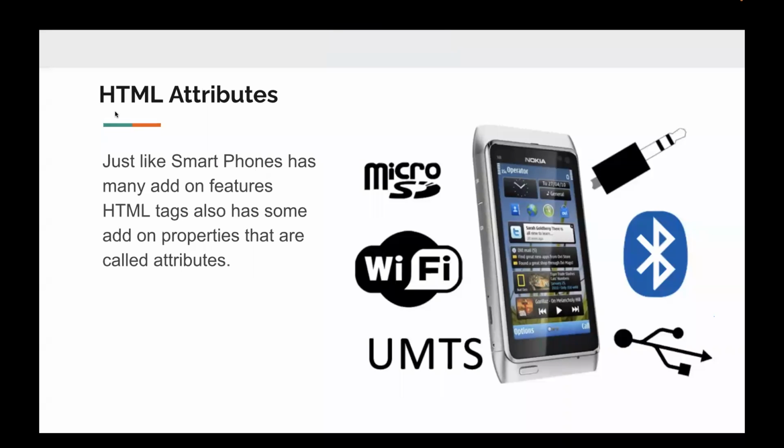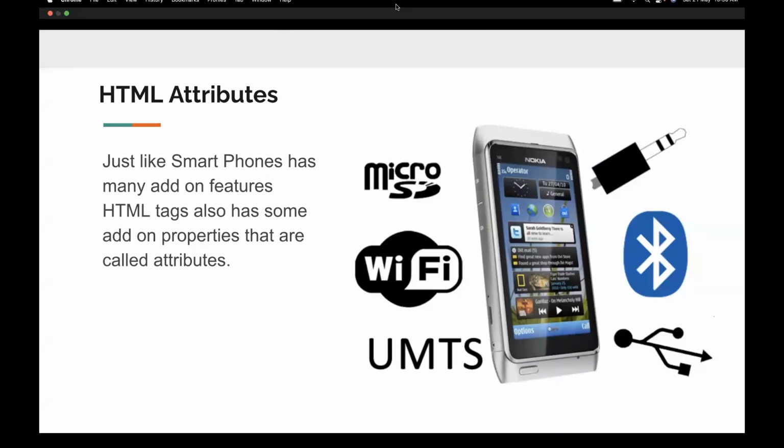So basically, have you seen your mobile phone? Your mobile phone has different components inside it, like your Bluetooth, your Wi-Fi, your USB port, micro SD. In the same way, that is not compulsory for your mobile to run.